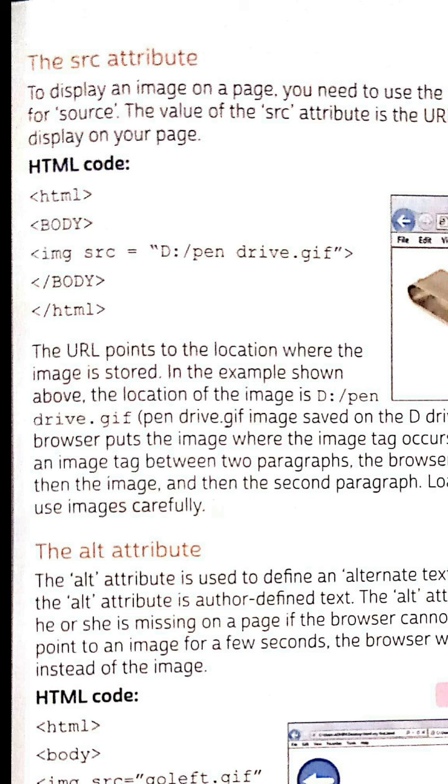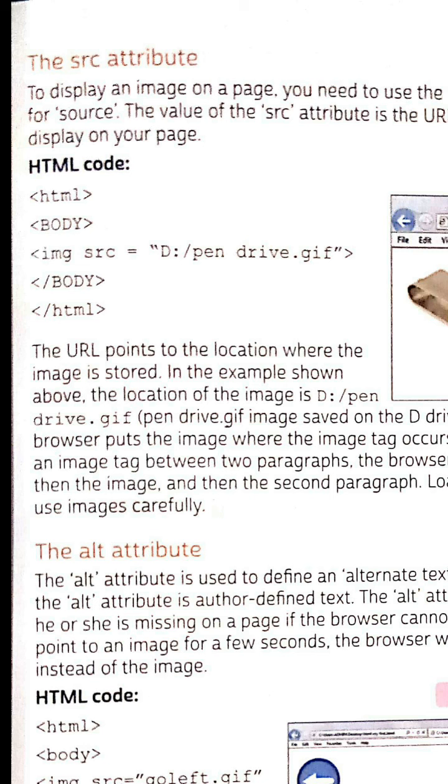The browser puts the image where the image tag occurs in the document. If you put an image tag between two paragraphs, the browser shows the first paragraph, then the image, and then the second paragraph. So, loading an image takes time.